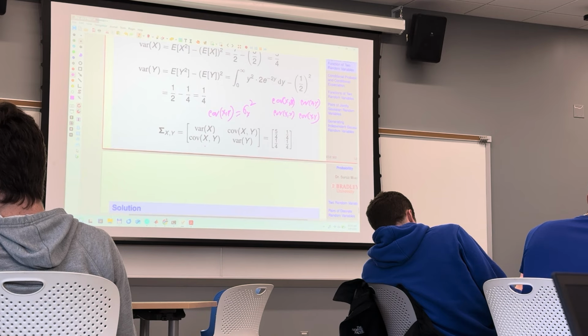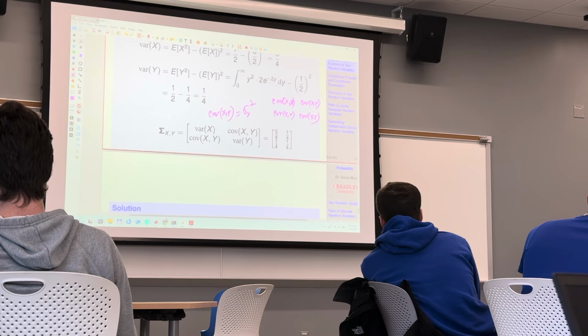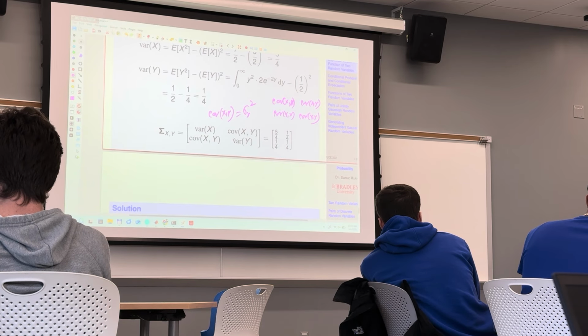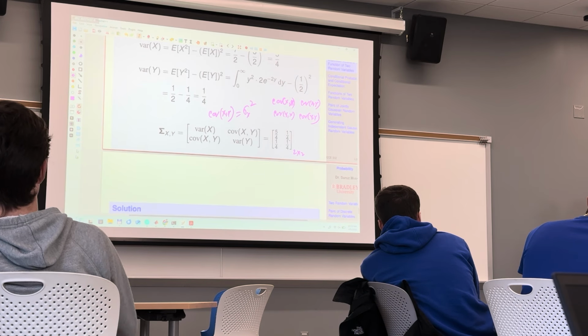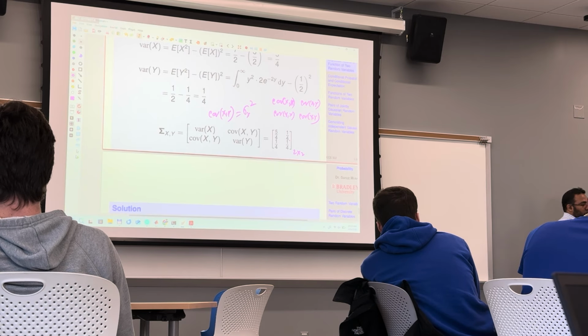Covariance xy and covariance yx are the same. So now you found all these quantities, you just substitute them and you get a 2 by 2 matrix. This is a 2 by 2 covariance matrix because we are dealing with two random variables.